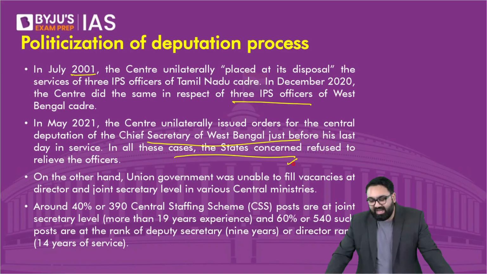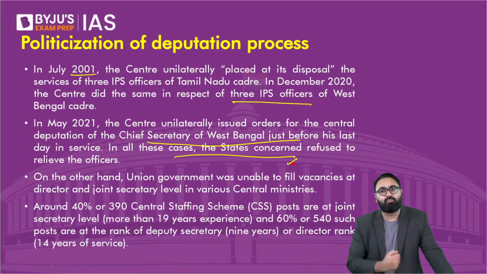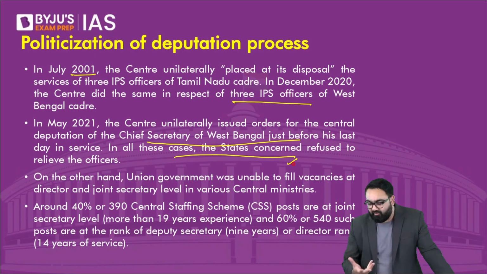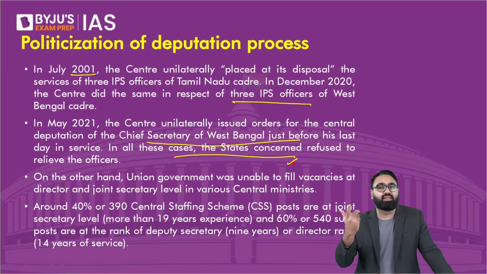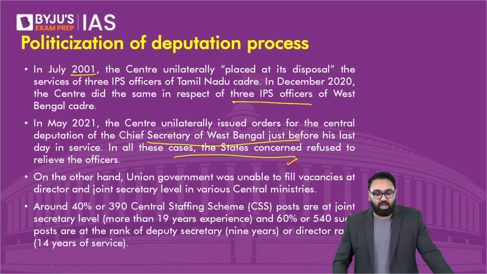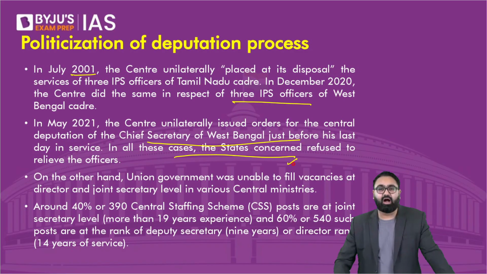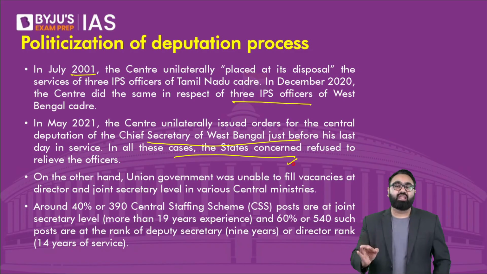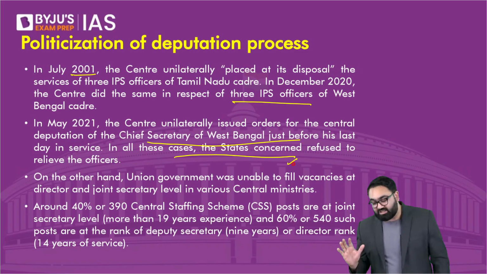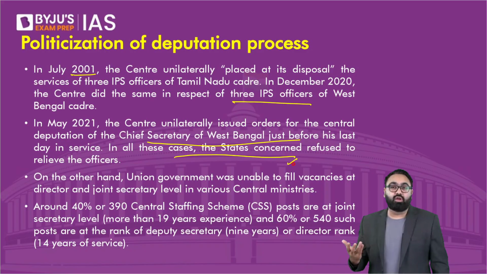Now, what does the central government say? Central government says that we need officers to run the central government. We don't have enough officers to run the central government. From where will we get them? Now, the problem is, you may be surprised to know this, in India we have a shortage of IAS officers. Before you ask me, why is the government not recruiting more officers?